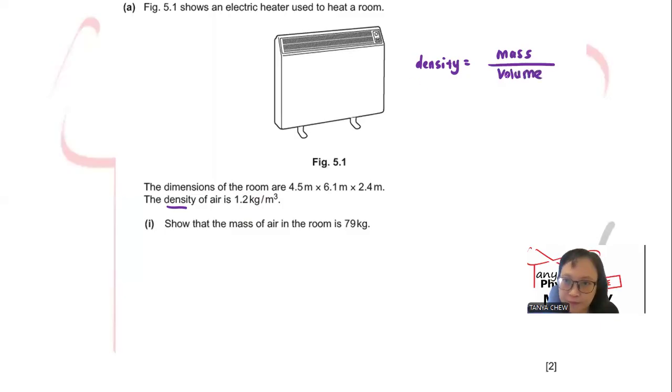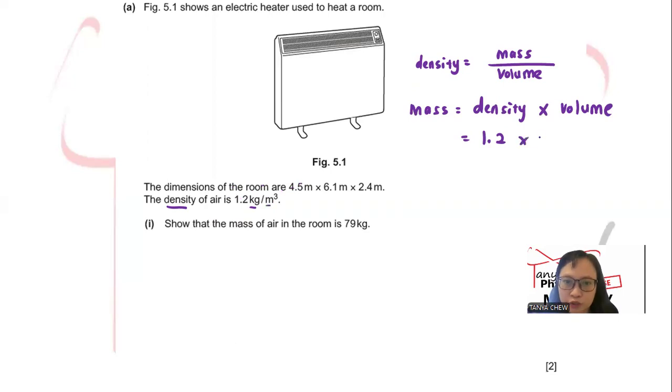I have to find mass, so I do my cross multiplication. Mass is equal to density multiplied by volume. Density is given as 1.2. The mass must be in kilogram because density is in kilogram and the volume must be in meter cube. Don't worry, all the dimensions of the room are given in meter.